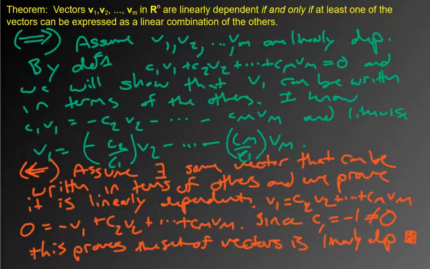And that would be the proof. You just have to show that there are these coefficients that you can stick in front of the vectors and get the 0 vector. And it doesn't matter what c2 and cm are here, as long as we have this -1, then we're good. That's going to give us the 0 vector.